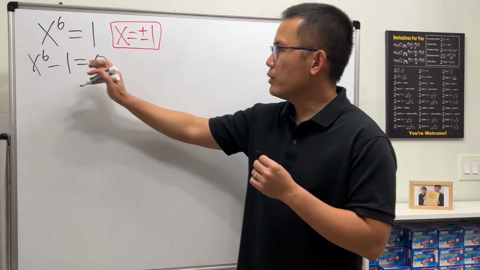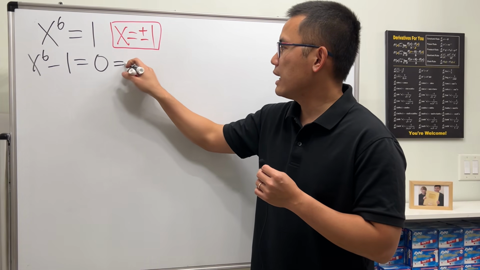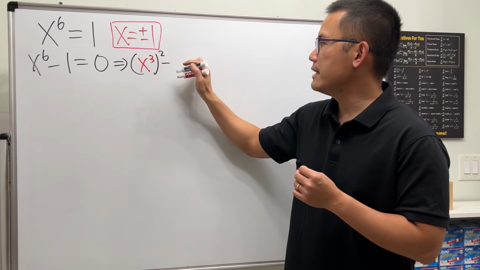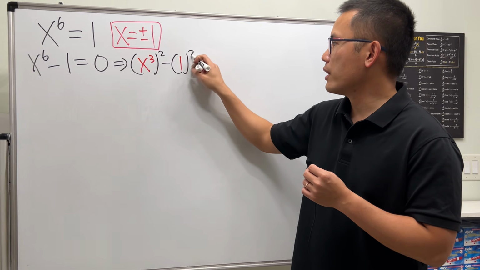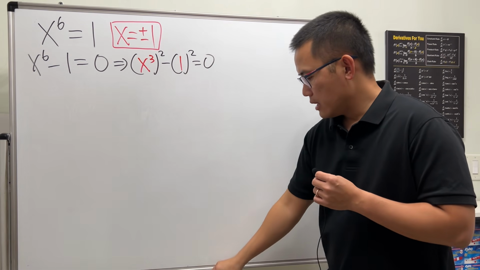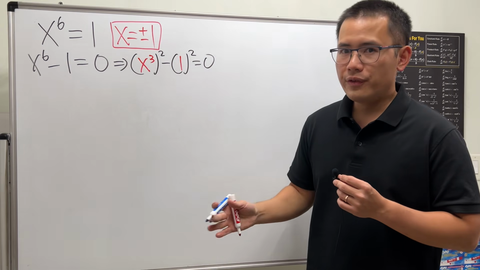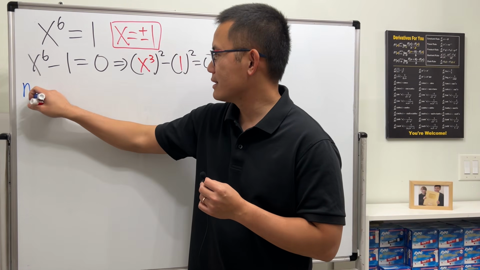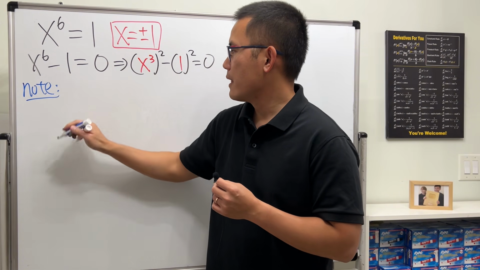I'm going to look at this equation as x to the 3rd power, squared, minus 1 squared, and that's equal to 0. I'm going to review the formula that we need to factor a difference of 2 squares. So here we go.